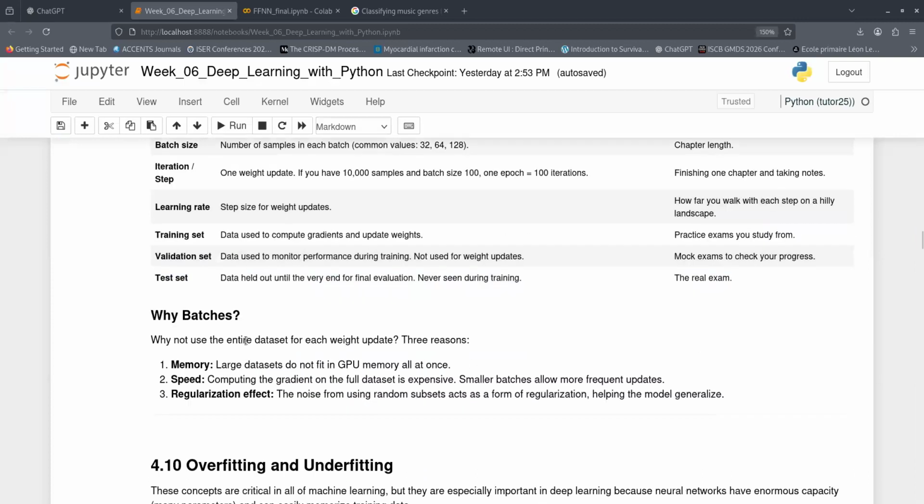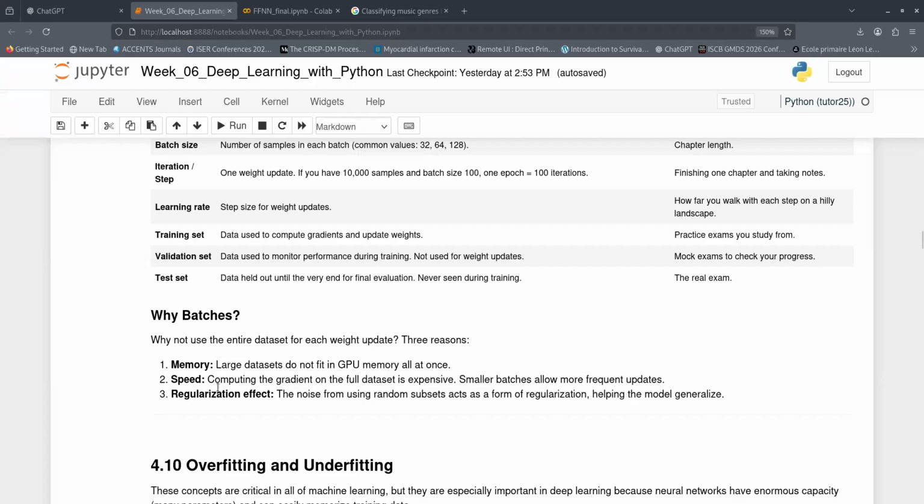So why batches? Why not use the entire data set for each weight update? The reason is that we have the memory issue. When you have large data sets, they will not fit GPU memory all at once. So you have to use batches to put the large data sets in packets, in sequence, in order for them to fit the memory.